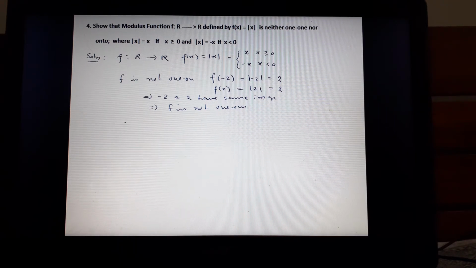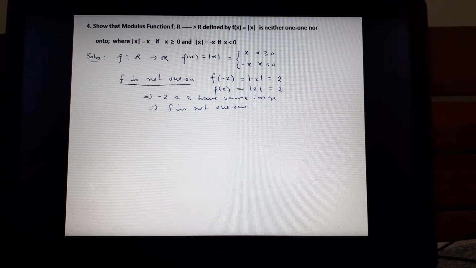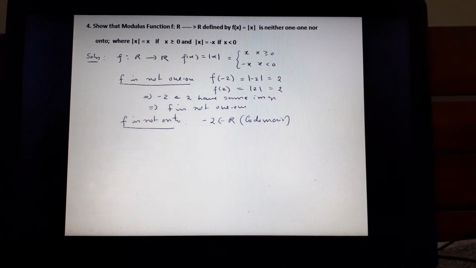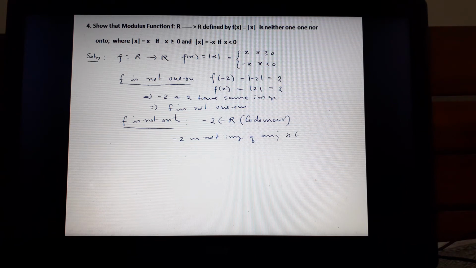Second, f is not onto because minus 2, for example, belongs to R, here the codomain, and minus 2 cannot be the image of any x, because mod x is always non-negative. So minus 2 is not the image of any x belonging to R, that is the domain.